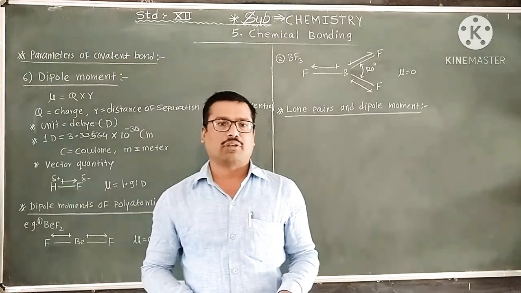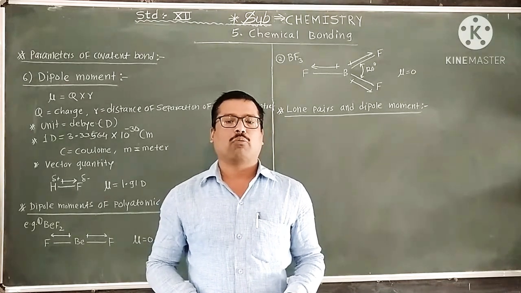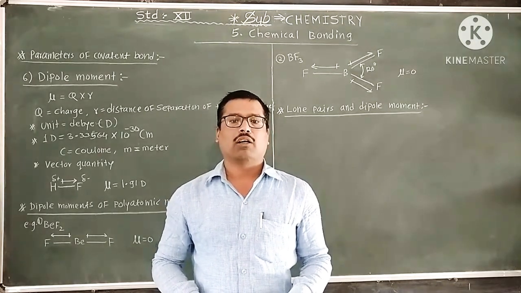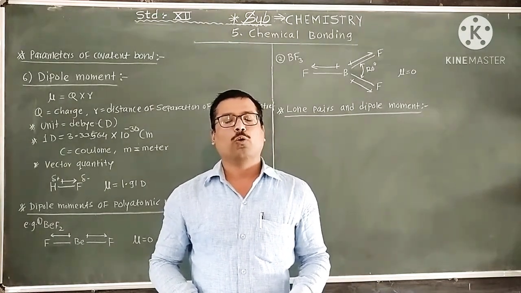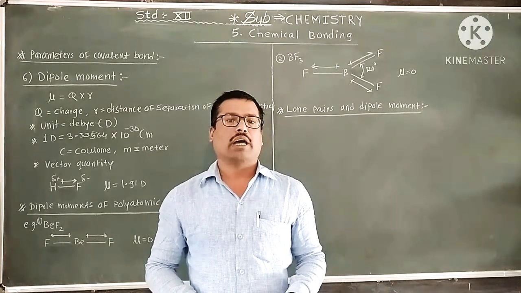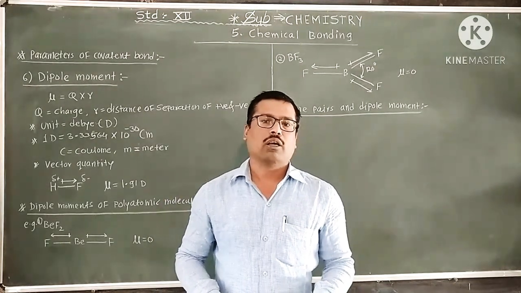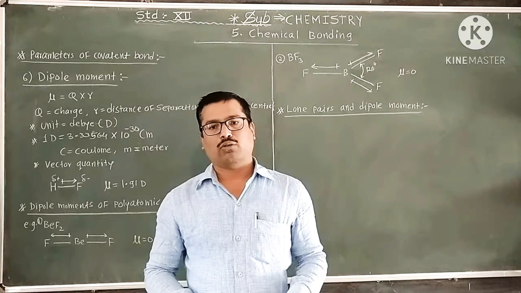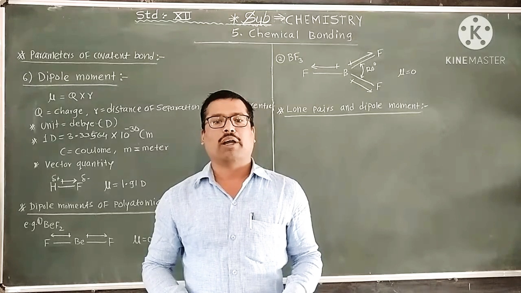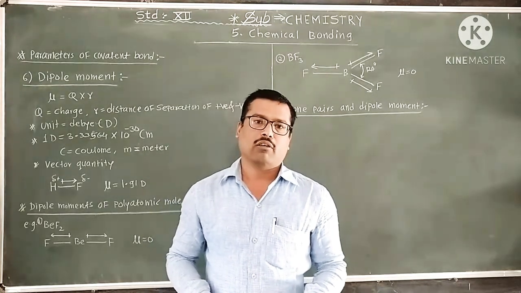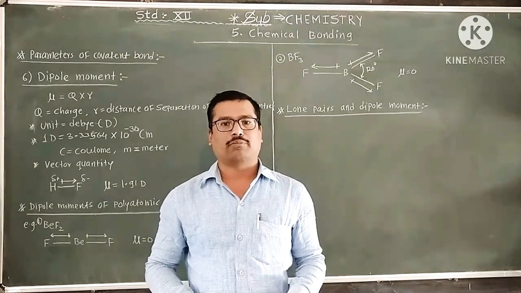But nitrogen has only one lone pair while oxygen has 2 lone pairs. Nitrogen in ammonia has only one pair of electrons, whereas oxygen in the water molecule carries 2 lone pairs of electrons, which results in the highest dipole moment of water. That means the water molecule has the highest dipole moment due to the presence of 2 lone pairs of electrons.